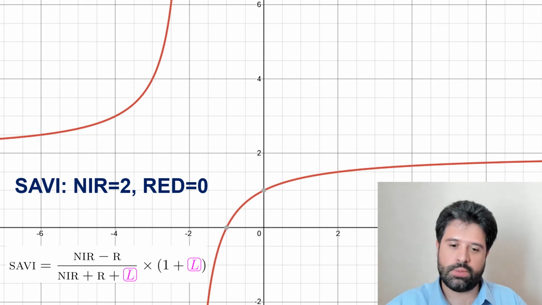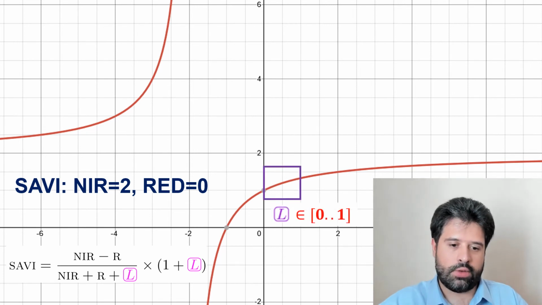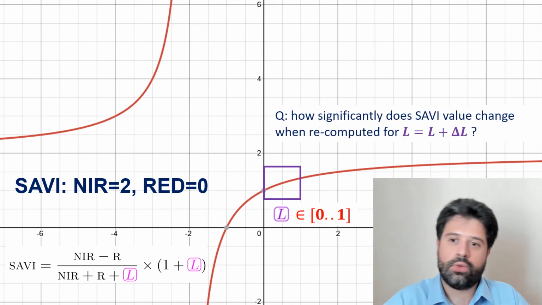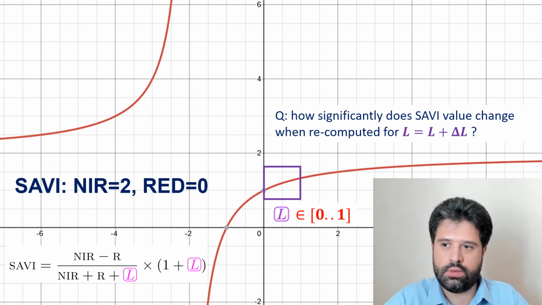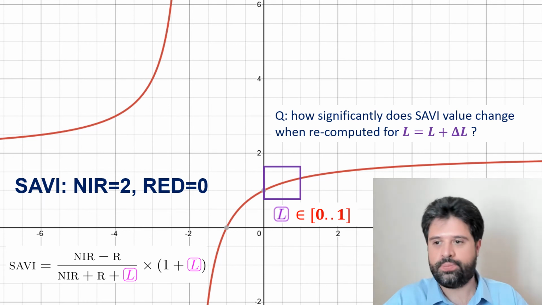Let me share some insights. Please have a look at the SAVI function. In general, it is rather a non-trivial function. However, we need only a particular piece of this function. Now, a natural question arises. How significantly does SAVI value change when recomputed for L equals L plus a small delta?